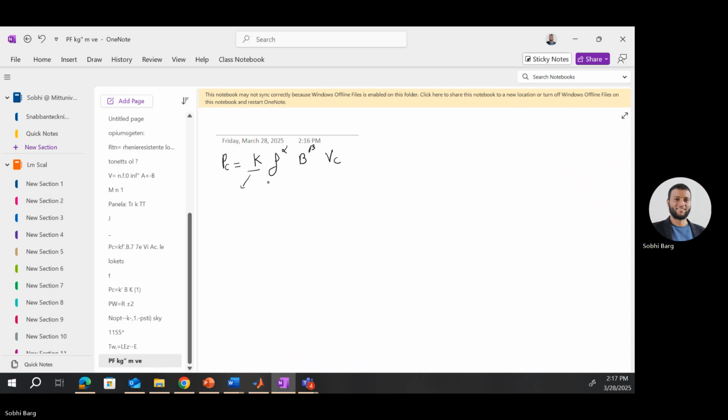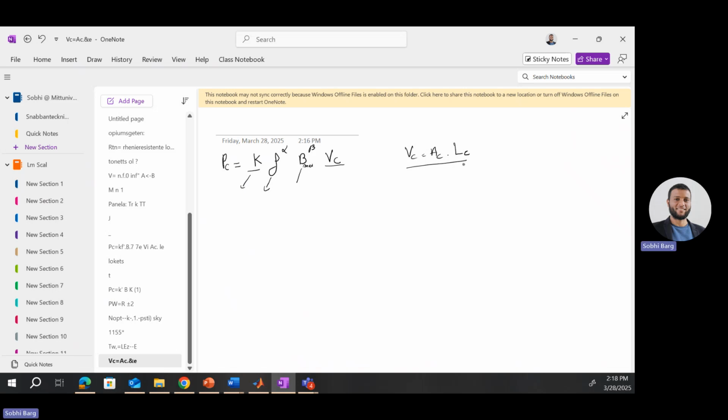Here, f is the switching frequency, and B max is the maximum magnetic flux density. And here V_C is the core volume, which is equal to the core cross-section multiplied by the core length.